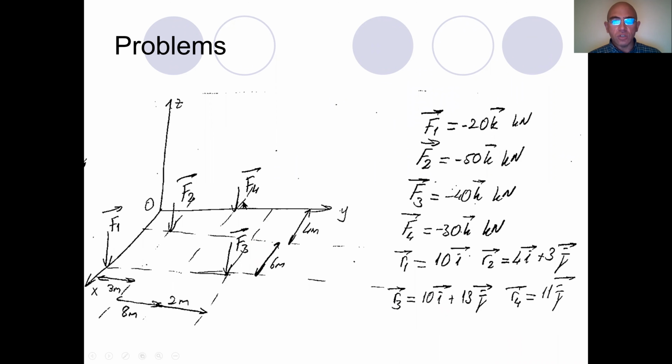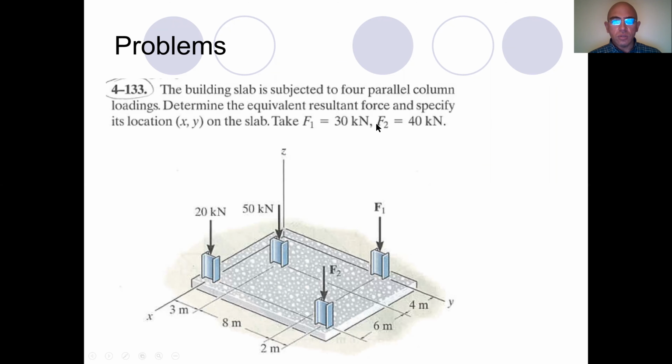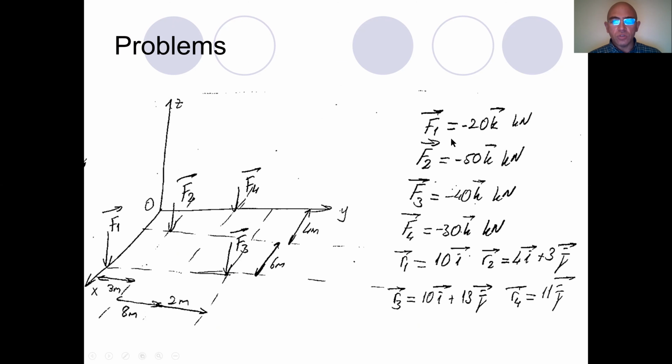And F4 is equal to 30 kilonewtons. As a result, I have the forces in Cartesian form. So F1 is minus 20k, F2 is minus 50k, F3 is equal to minus 40k vector, and F4 is equal to minus 30k vector.